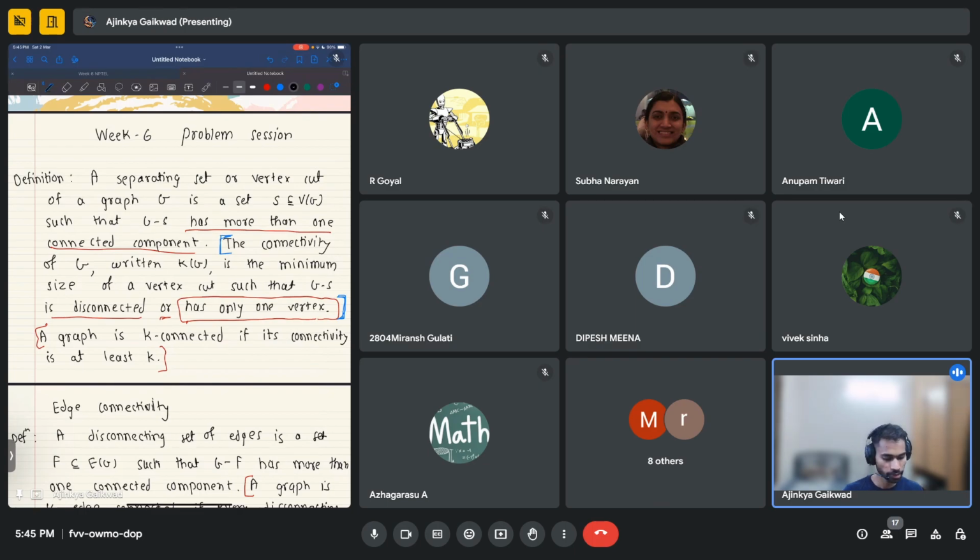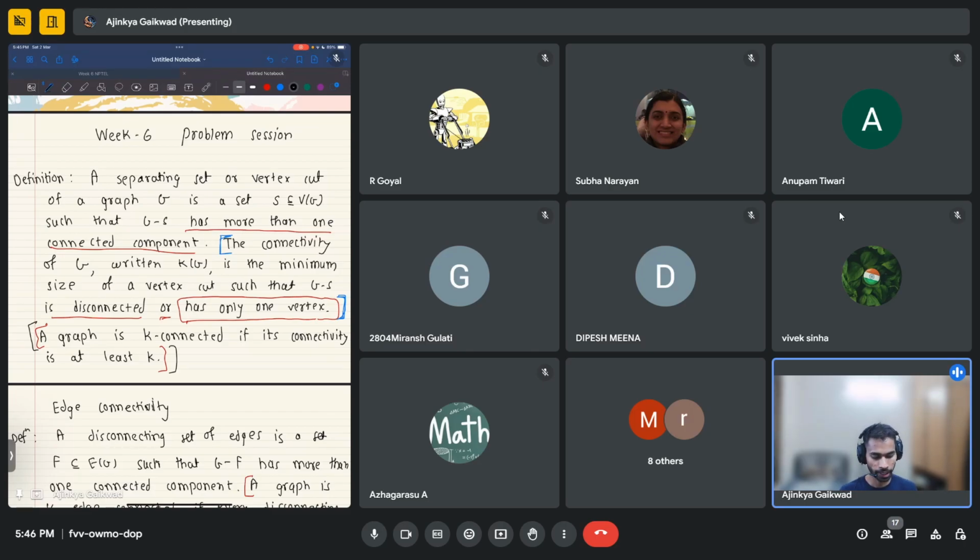Okay. So here, if you see the last line, I'm saying a graph is k-connected if its connectivity is at least k. So this is the same as saying a graph is k vertex connected if its connectivity is at least k. When I'm talking about removing vertices, I don't write vertex connected or vertex connectivity, because this is a notation which is followed everywhere, so I don't want to change it now.